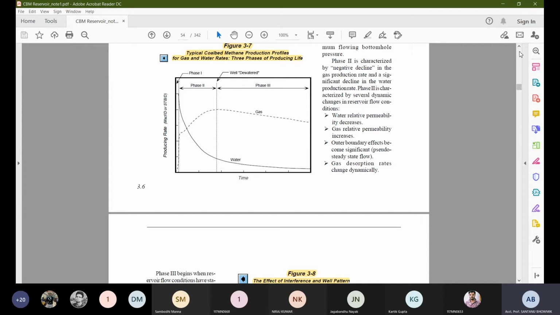Obviously, if there are big differences in the governing parameters, even if you take 3 boreholes in the same CBM reservoir not very far apart, you may find that the production characteristics of the 3 boreholes differ depending on certain features.